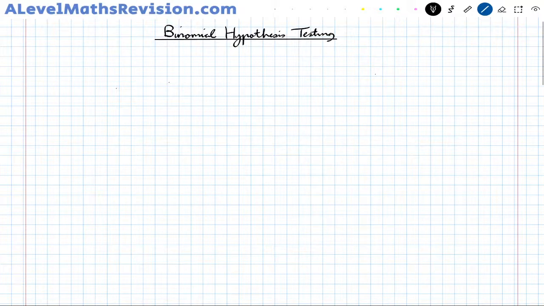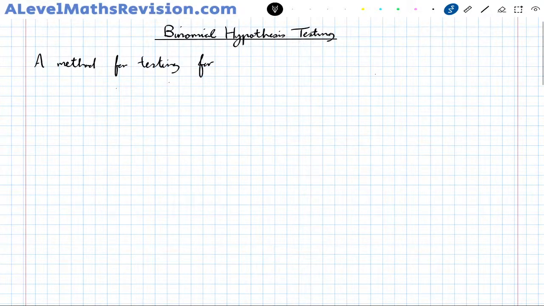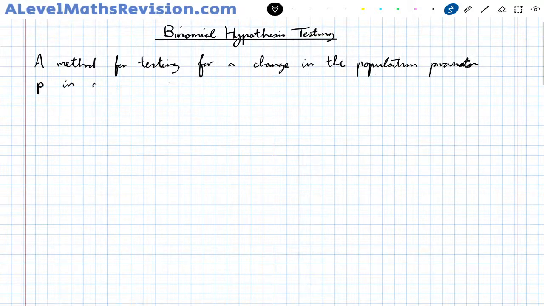And binomial hypothesis testing is, and I'll write this down, a method for testing for a change in the population parameter P in a binomial distribution.